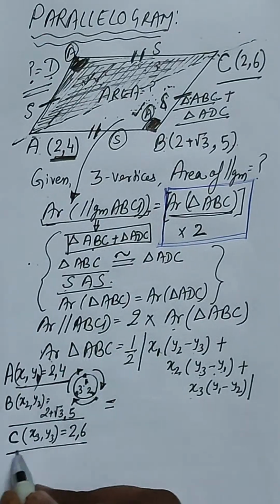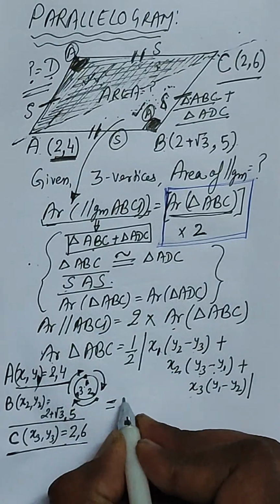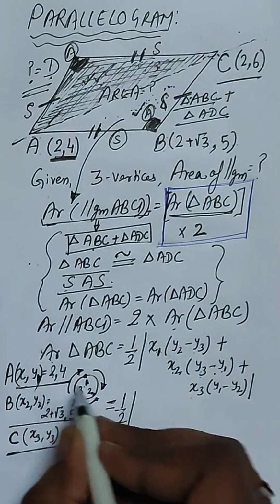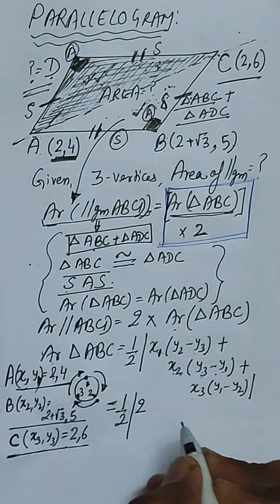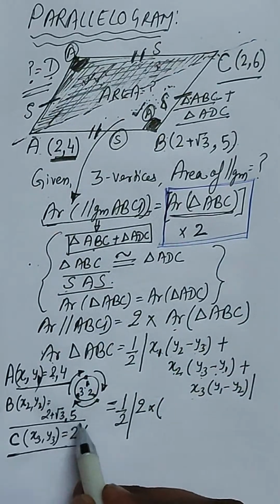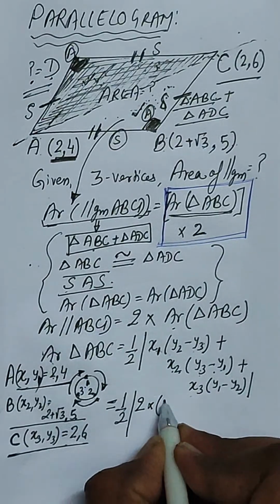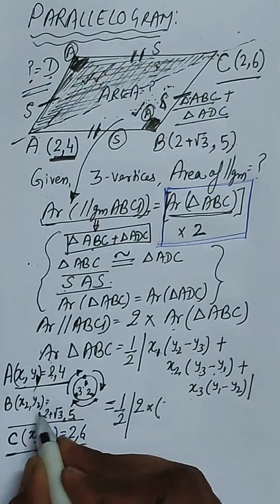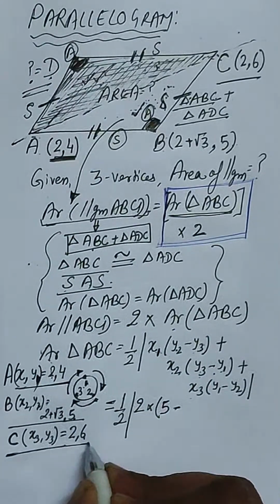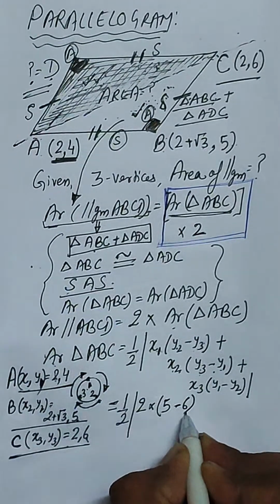Now the benefit of writing over here is that we can directly put the values. So it will be half of mod x1. What is x1? x1 is 2, multiplied by y2 minus y3. y2 is 5 and y3 is 6, so 5 minus 6.